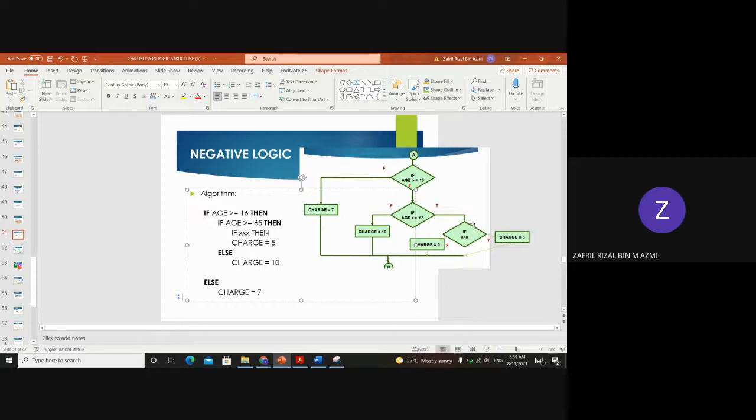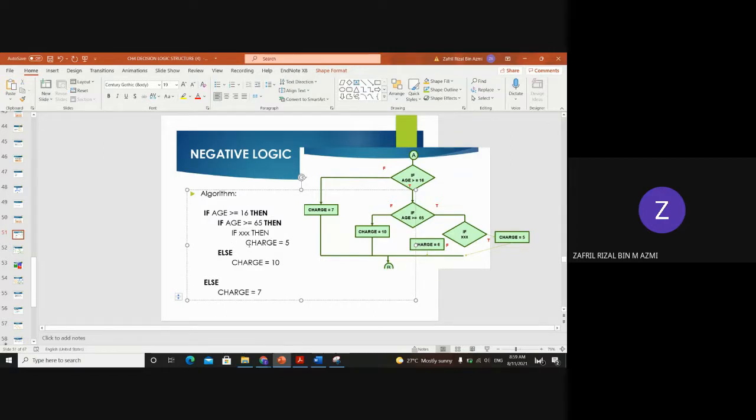If it is true, charge equal to 5. Should I put it slightly to the right? Yes. Slightly to the right, okay? Because it is true, meaning that it belongs to this condition. So you need to slightly to the right.